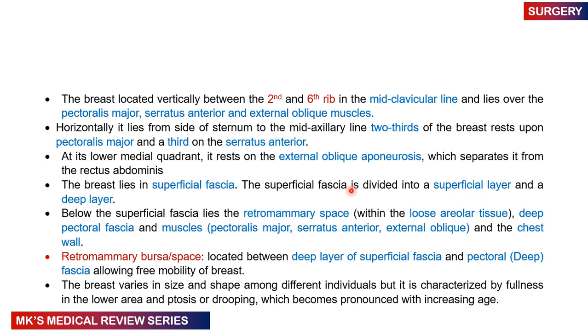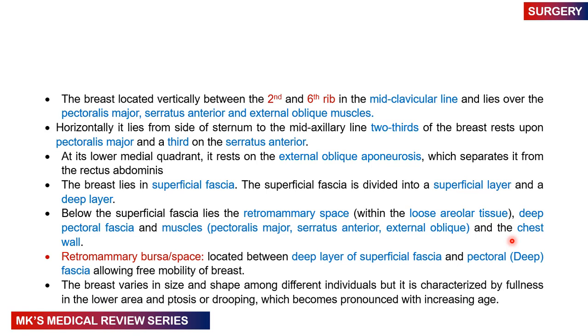These anatomical things are very important for you to note, because this will become very important, especially when you talk about mastitis. So remember that the retromammary space is within the loose areolar tissue, and then you have the deep pectoral fascia, and of course the muscles underneath: pectoralis major, serratus anterior, external oblique, and then of course the chest wall. Keep this in mind.